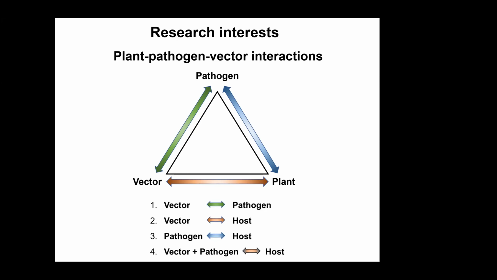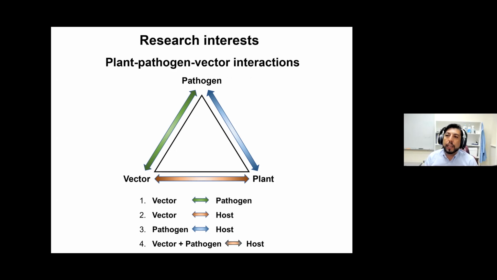There is another interaction, which is the vector and the host. In this case, what we are trying to do is to determine which are the visual and chemical cues that make the plants more attractive to the insects. There is another one, the pathogen and the host, which is how the plant responds to a specific pathogen.